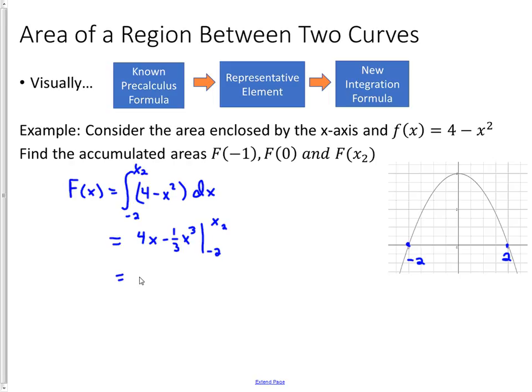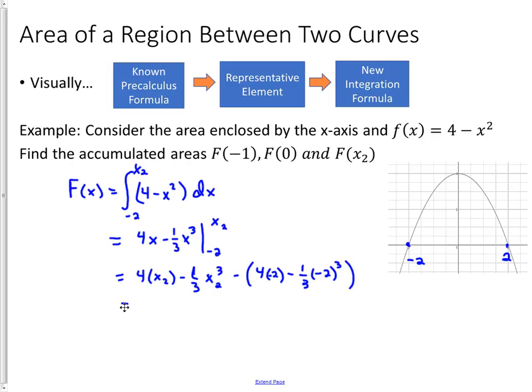So we're going to get 4 times x2 minus 1/3 of x2 cubed minus 4 times negative 2 minus 1/3 of negative 2 to the third.